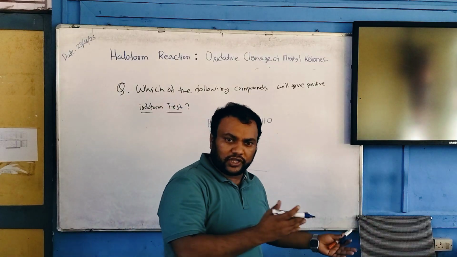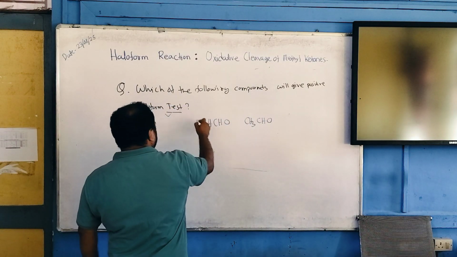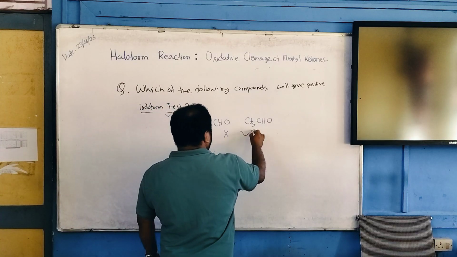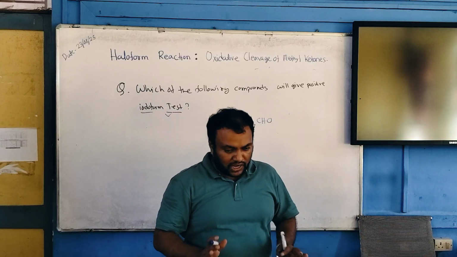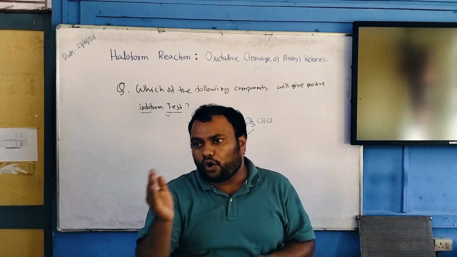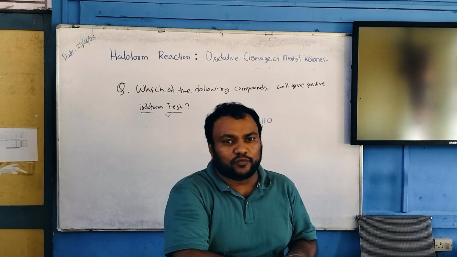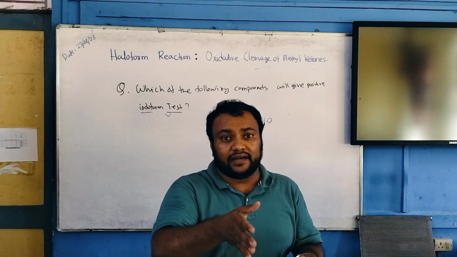No, because both will give a positive Tollens test. But you can use the iodoform test to distinguish, because this will give a negative iodoform test, and this will give a positive iodoform test.